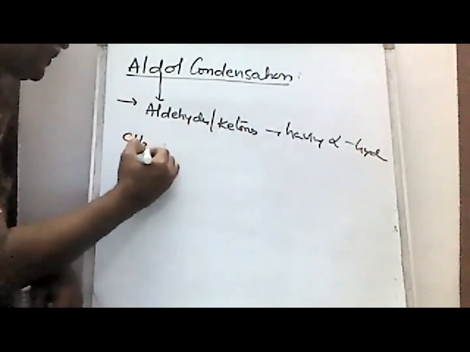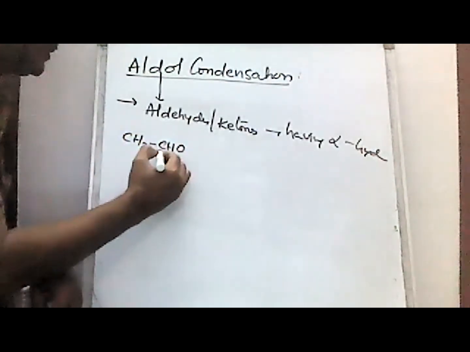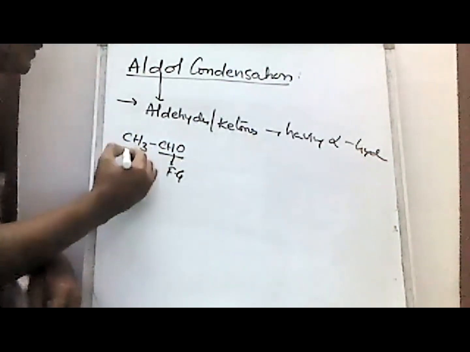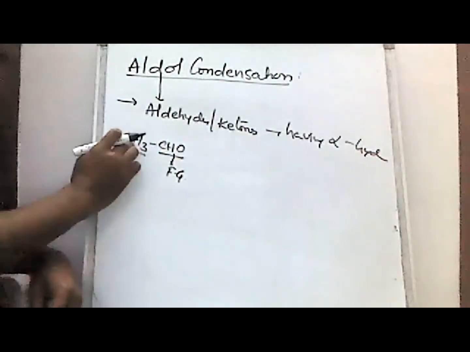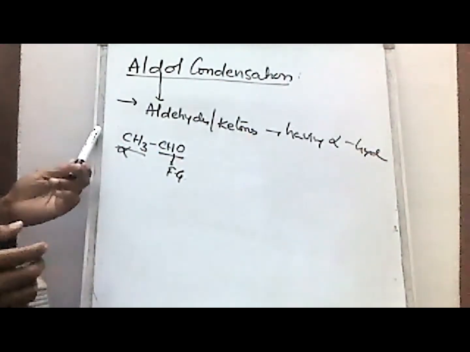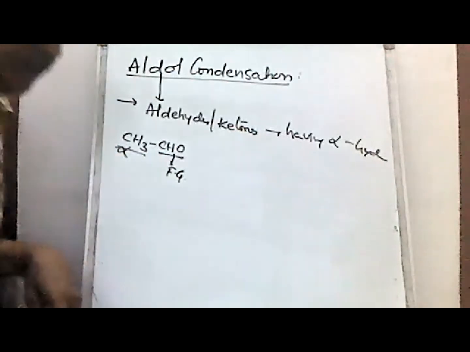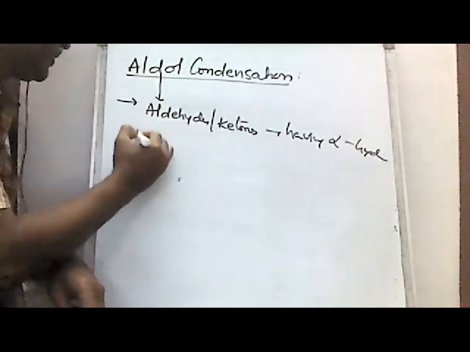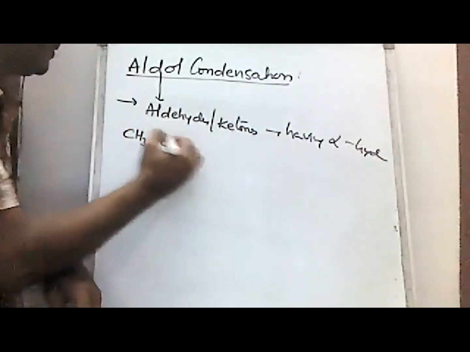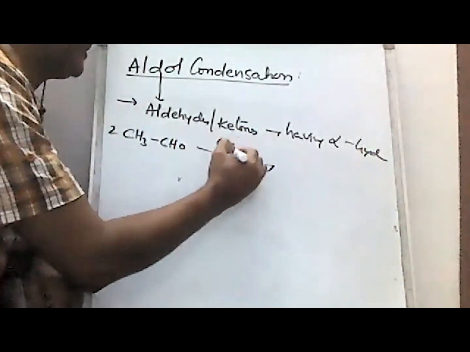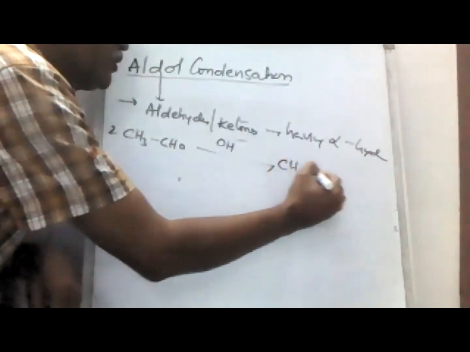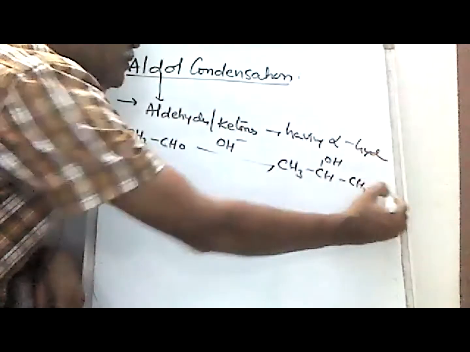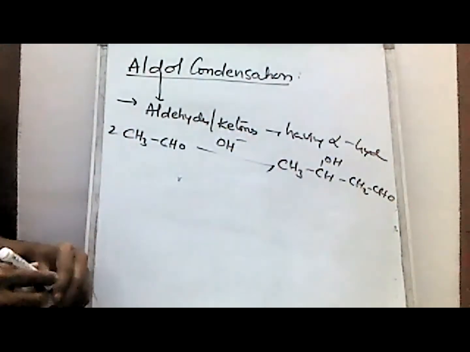Now, let me take ethanal. You see, CHO is the functional group, and this is the corresponding alpha carbon. There are 3 hydrogens attached to this alpha carbon. That's why there is an alpha hydrogen. Now, the aldehydes having this alpha hydrogen undergo condensation in the presence of base to form beta hydroxy aldehydes or ketones.